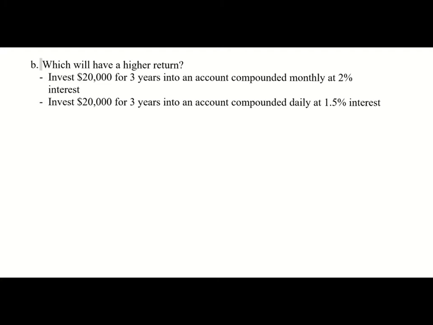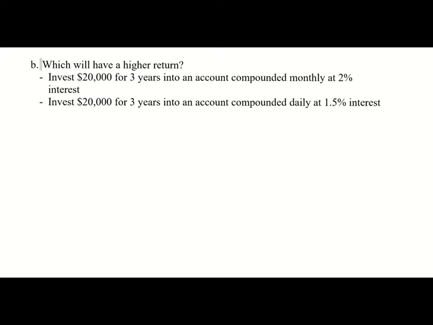All right, so now they're asking which will have a higher return: if you invest $20,000 for 3 years in an account compounded monthly at 2% interest, or in an account for 3 years that is compounded daily at 1.5% interest.